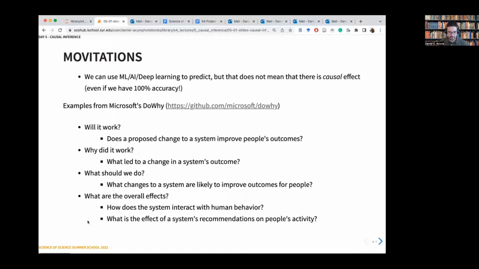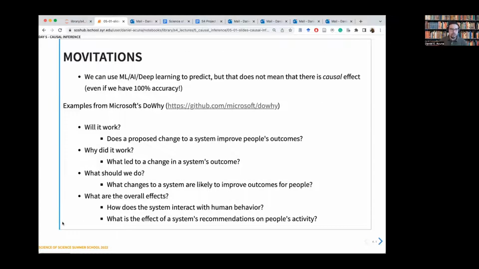Okay, but let's see. So motivations here, like a couple of examples of questions that you might want to ask. And this is general. It's not even related to science of science. It's related to examples of a system that you want to study. It could be a system of people or a system that just works on its own.